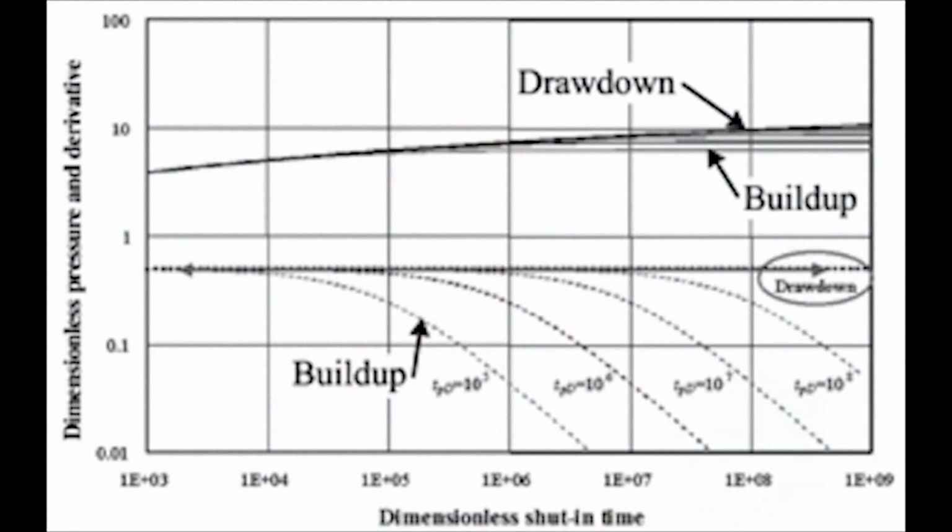This leaves the build-up as the best option compared to the drawdown test, because build-up is done after the shut-in. And we can't identify all the flow regimes, because producing wells interfere with the transient testing, which precludes the testing.